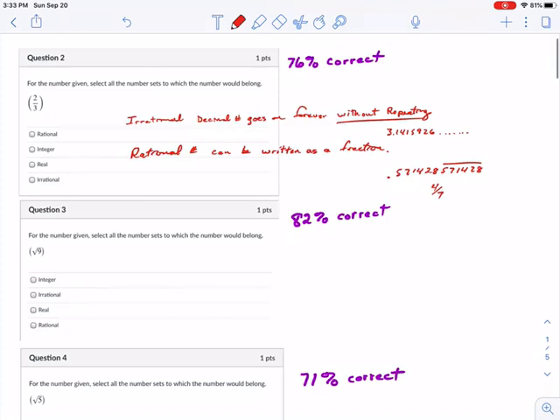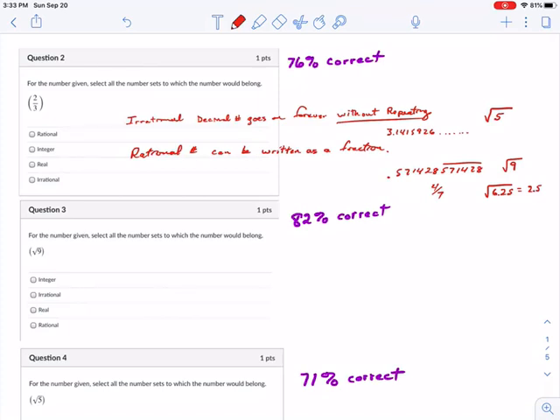Now, irrational numbers: anytime you have a square root of a number that is not a perfect square, like the square root of 5, that is irrational. But if you have a square root of a number that is a perfect square, then that's rational, like the square root of 9, or the square root of 6.25, because if you take the square root of 6.25, you get 2.5.